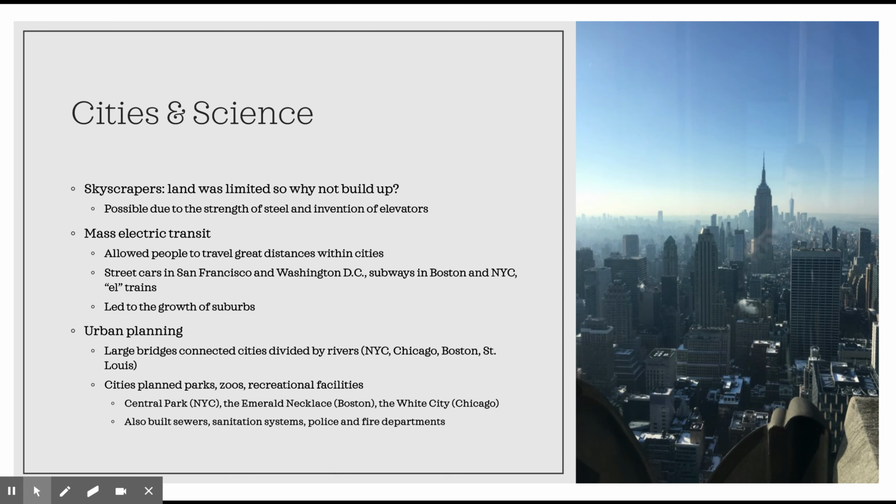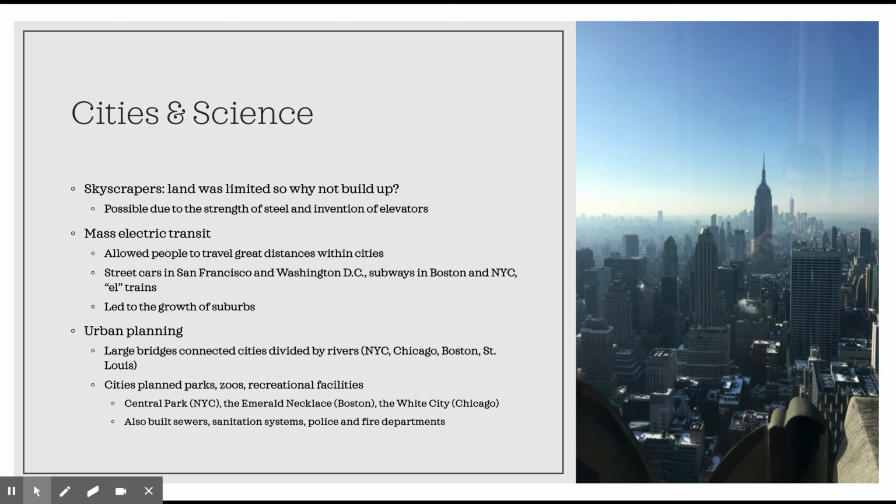And many skyscrapers were built during this period using new technology from industrialization, right? And part of the reason was there wasn't a lot of land in these cities available, so they needed to build upwards, right? You also had mass electric transit, like the predecessors to the subway, right?